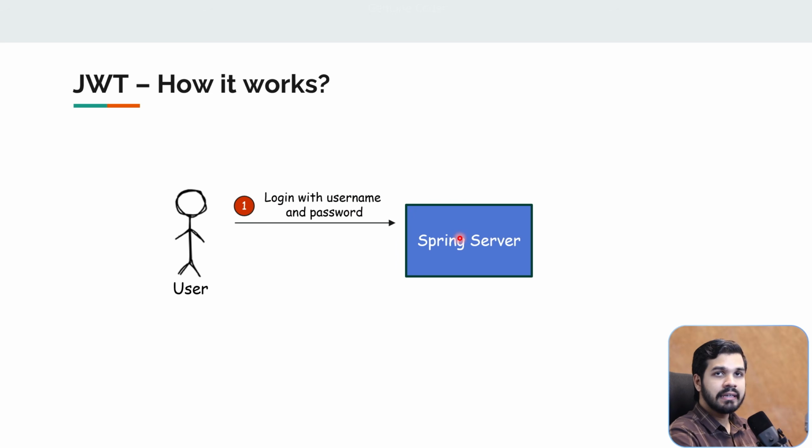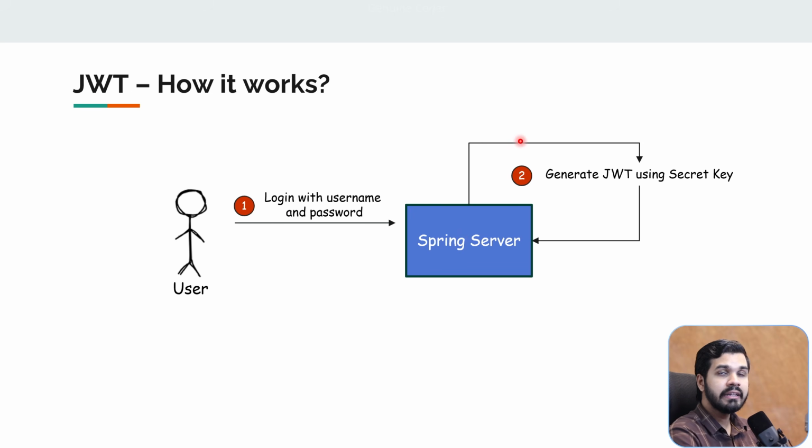When the server receives that request, it will generate a JWT token or JSON Web Token using a secret key that is only known to the Spring server. So there will be a secret key stored in the server, and with the help of that secret key, after validating the user's login username and password, it will generate a JWT key. Then that key will be returned to the user.